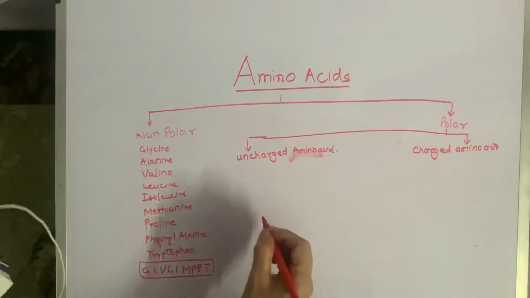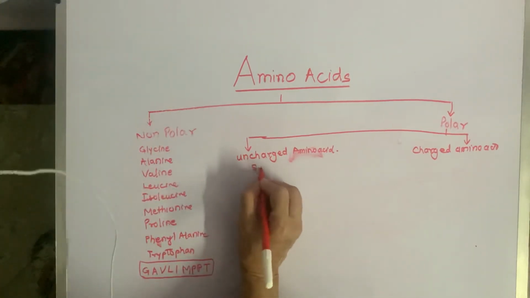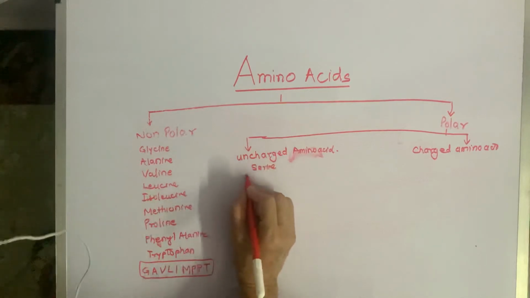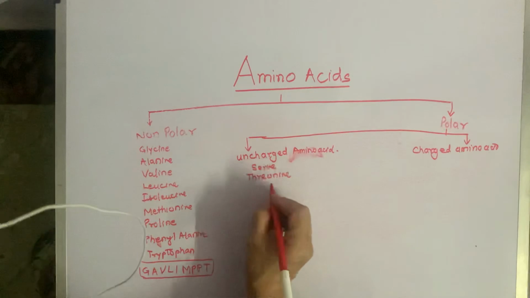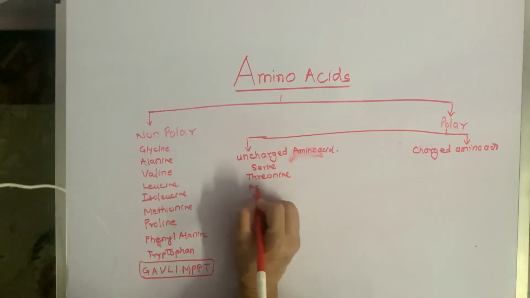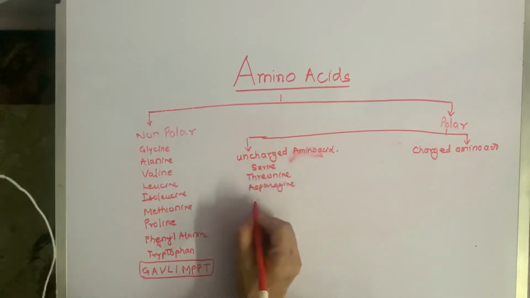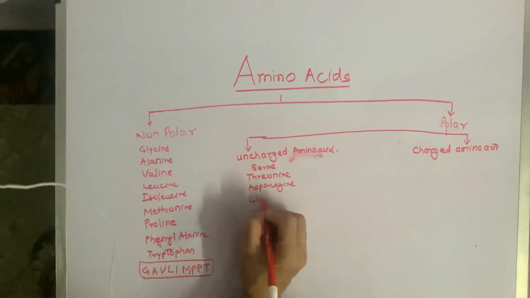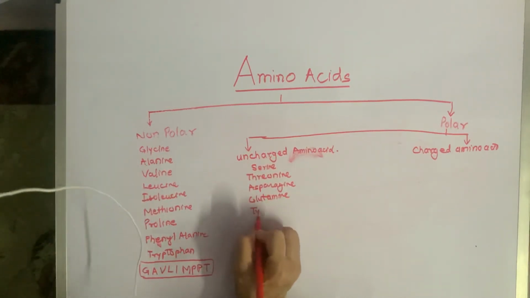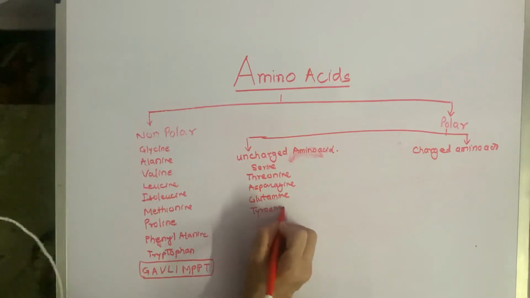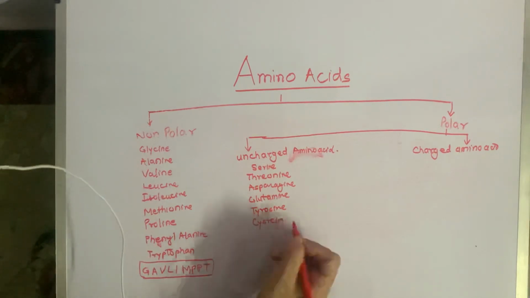Now, what are the different amino acids? They are serine, threonine, asparagine, glutamine, tyrosine and cysteine. So how do we remember?